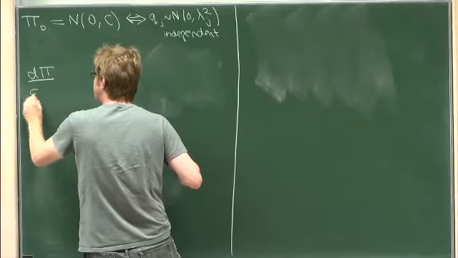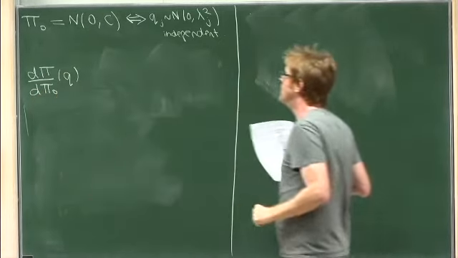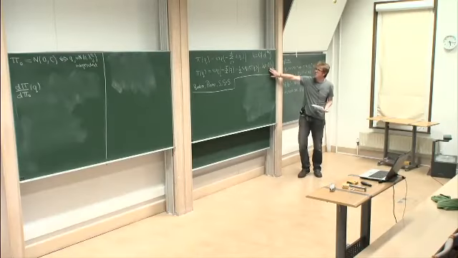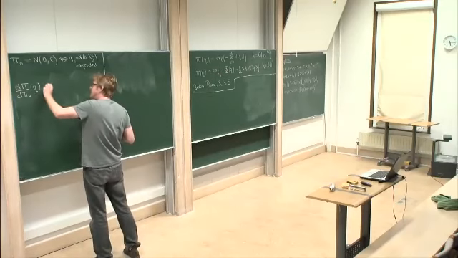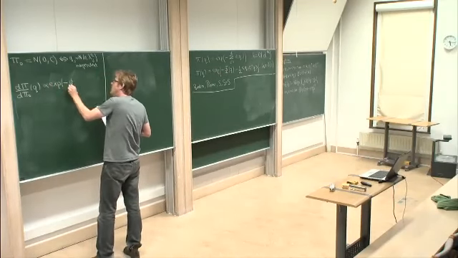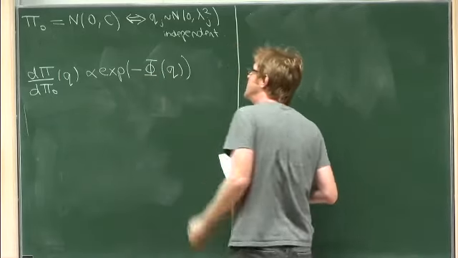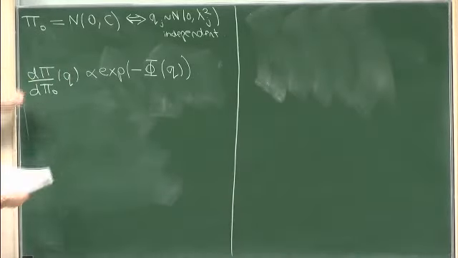Okay, and then what do we mean by this formula in infinite dimensions? Remembering that I want to make sense of it in infinite dimensions because I want to define an algorithm on the Hilbert space, because then I'll have H independent of dimension. What makes sense in the infinite dimensional setting is that the ratio of pi and pi 0 is defined. This is called the Radon-Nikodym derivative between pi and pi 0.